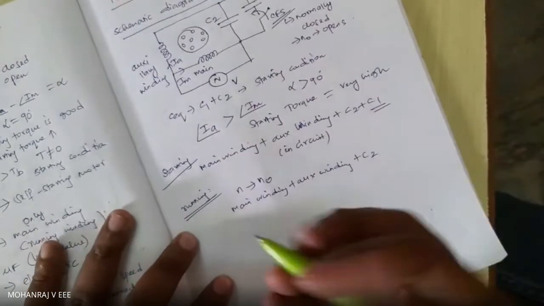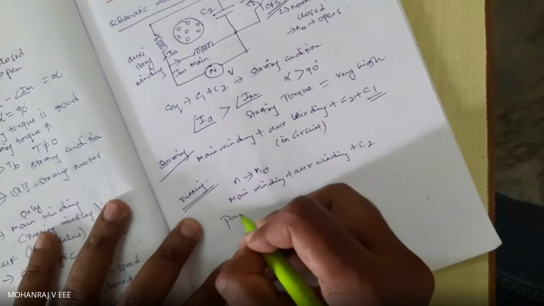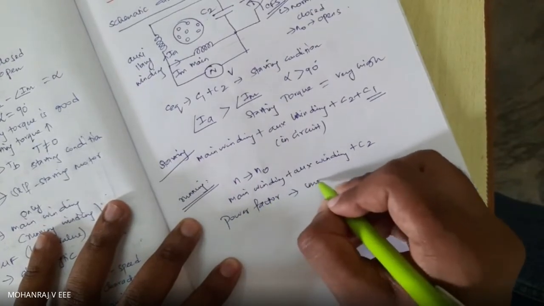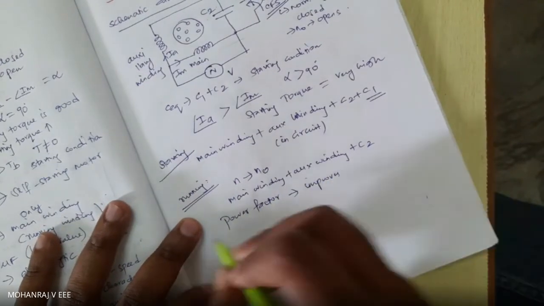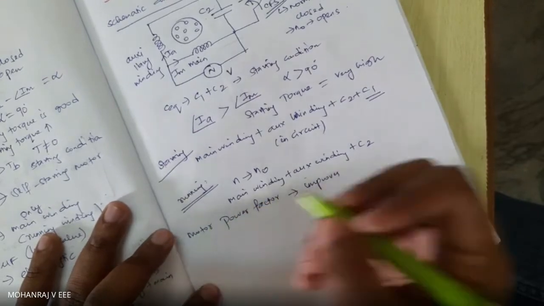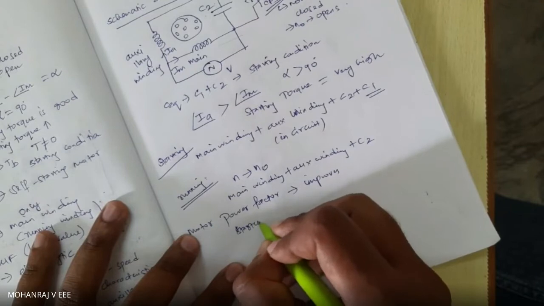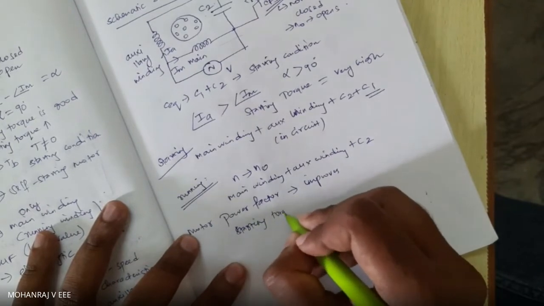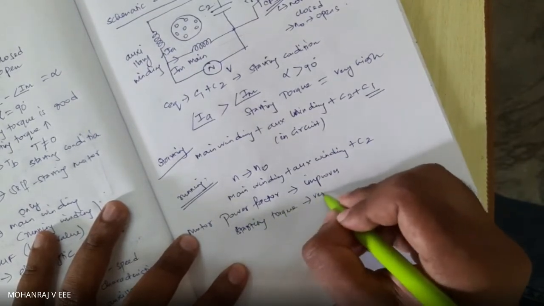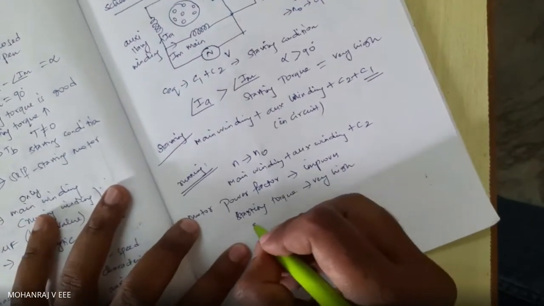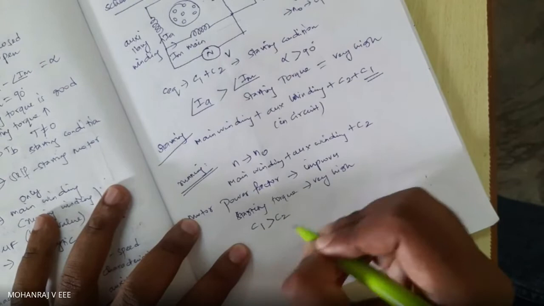So what is the advantage of this setup? Power factor improves. The motor power factor improves. Starting torque is very high. One more important characteristic, that is C1 is greater than C2.